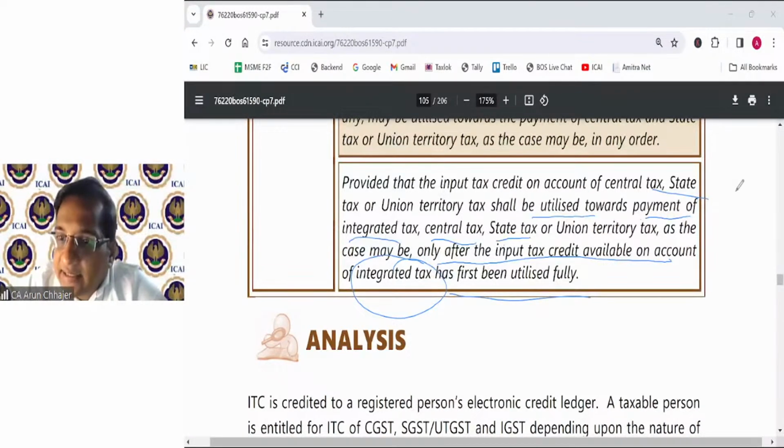So it says that CGST and SGST ka ITC you will use only when IGST ITC is fully exhausted. I hope it is clear.